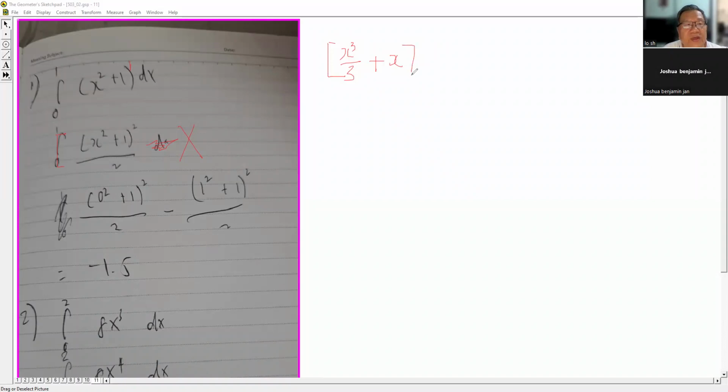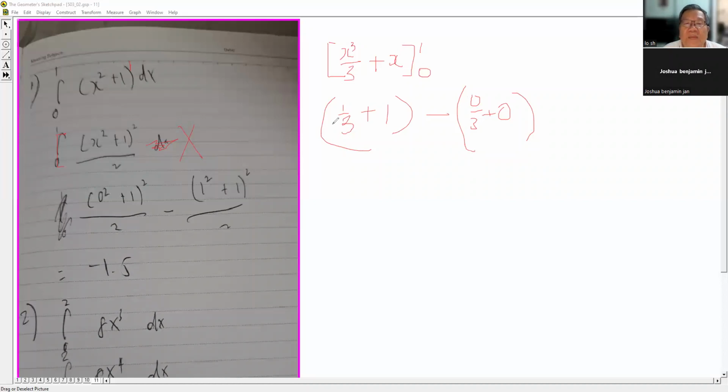Well, what you have to substitute is 1, 0. Again, you have to be very careful. Put the 1 first. So it's 1 over 3 plus 1. This is the first bracket. Minus 0 over 3 plus 0. This is the second bracket. 0 over 3 plus 0 is 0, right?